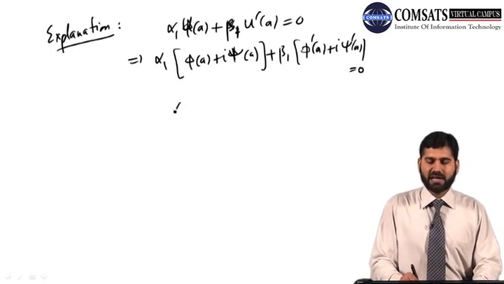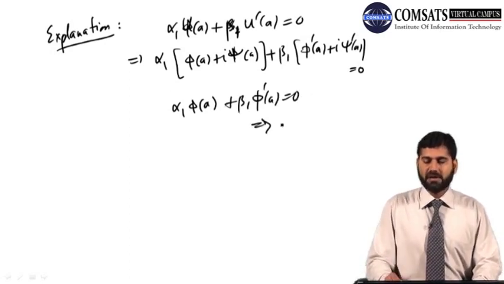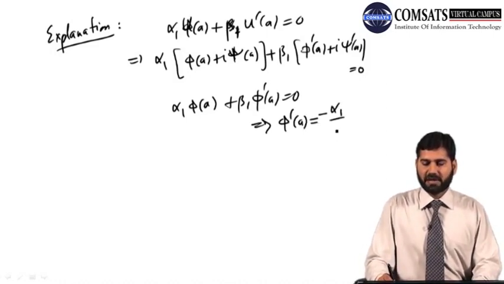Again, if I combine real and imaginary parts, I will get alpha 1 phi of A plus beta 1 phi prime of A is equal to 0. And from here, phi prime of A is equal to minus alpha 1 by beta 1 phi of A.